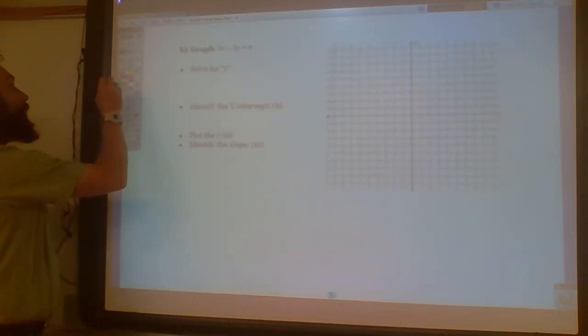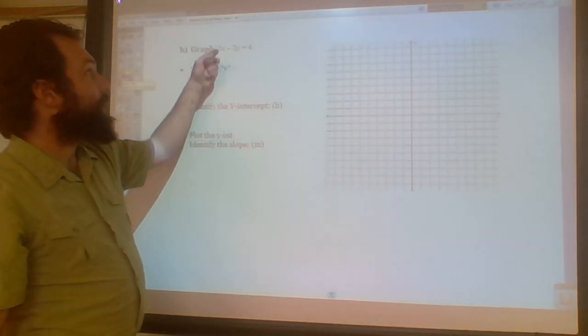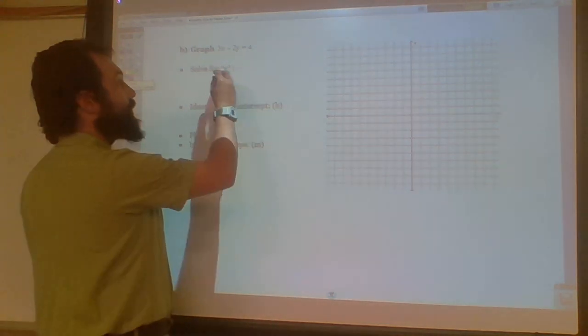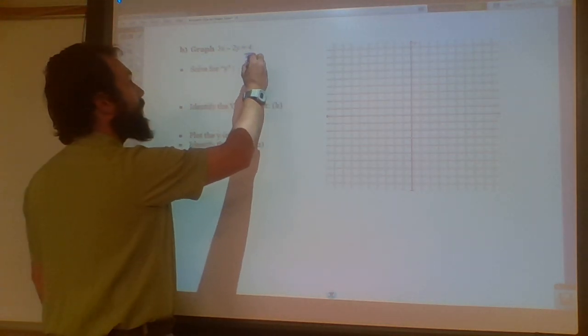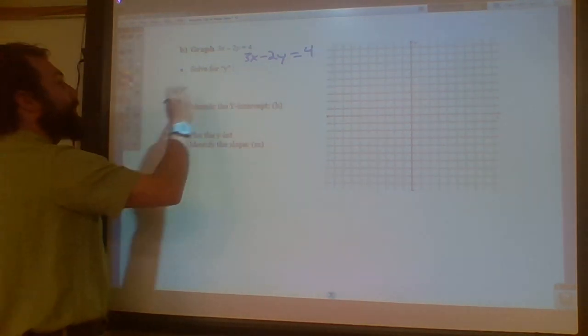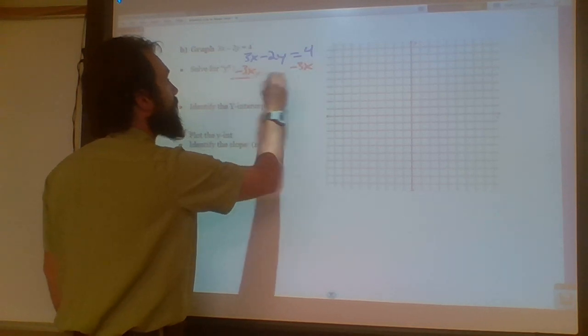One more example, changing an equation from standard form to y equals mx plus b. First step, we're going to solve for y. Subtract 3x from both sides.